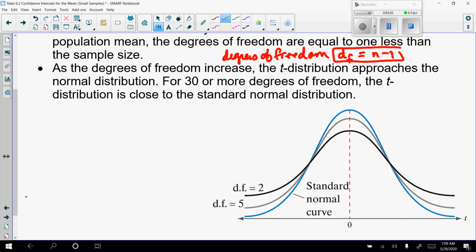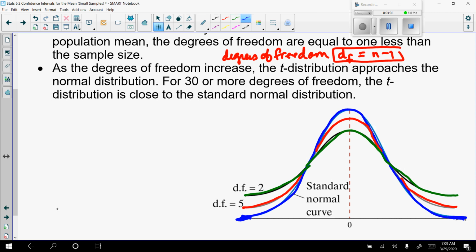So in this picture, the blue curve is the standard normal curve. Okay, that has thin tails. It's really thin right here and thin right here. But say the degrees of freedom are 5, the tails get a little bit thicker. And if the degrees of freedom get even smaller, where it's even 2, then they're thicker than that. So the lower the degrees of freedom, the thicker the tails.